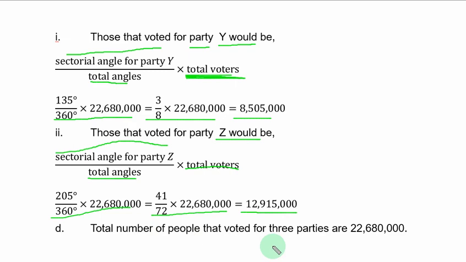In part C of the question, we have already done that, and we have 22,680 people voted for the three parties.